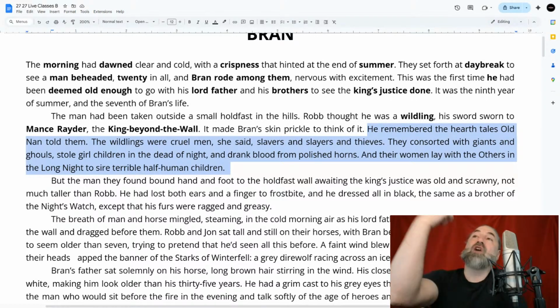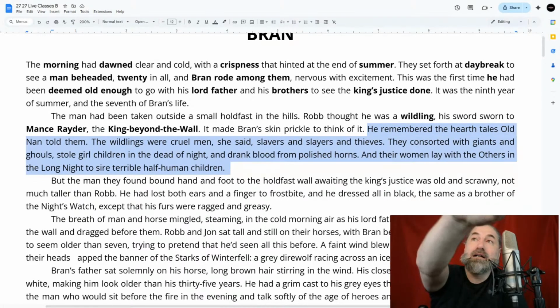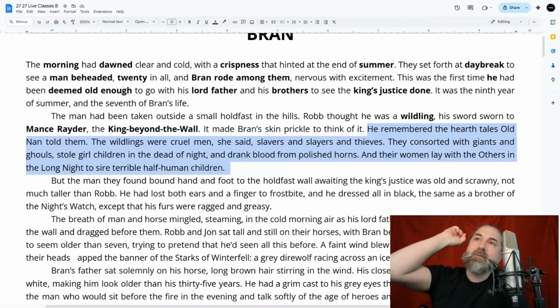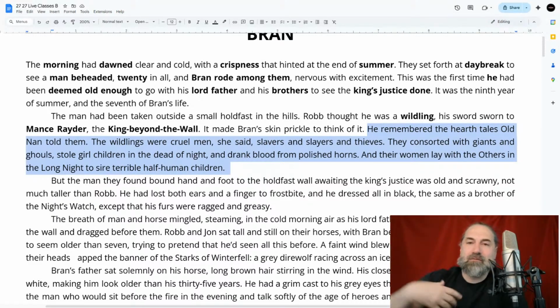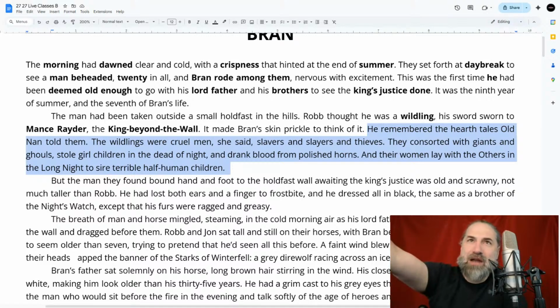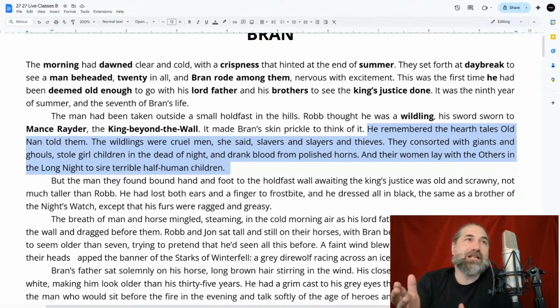Not only because Robb says he thinks they're part of the wildlings, but because of the tales Old Nan told them. Well, of course Bran has to trust Old Nan, who's been around forever. So technically, you can't really trust the narrative in that sense.